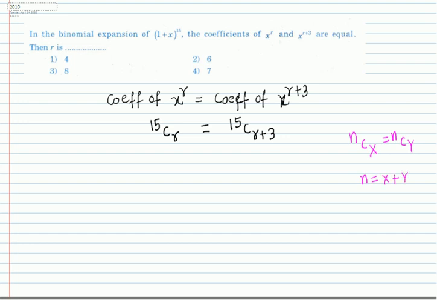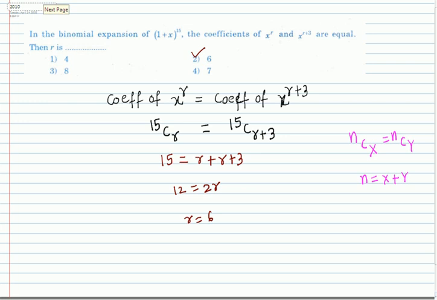So what you can observe in this case, the value 15 must be equal to r plus r plus 3. Hence 15 minus 3 is 12, r plus r is 2r, therefore r must be equal to 6. So what should be the answer in this case? Option B is correct, right?